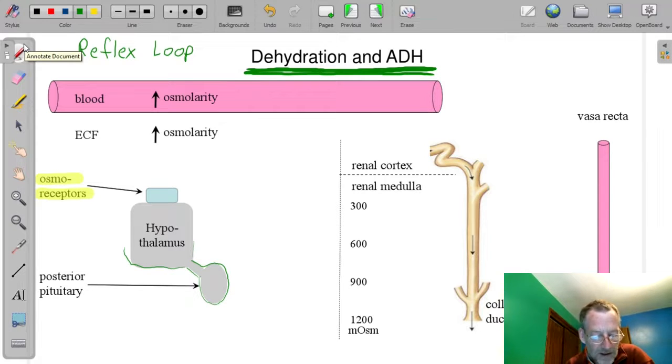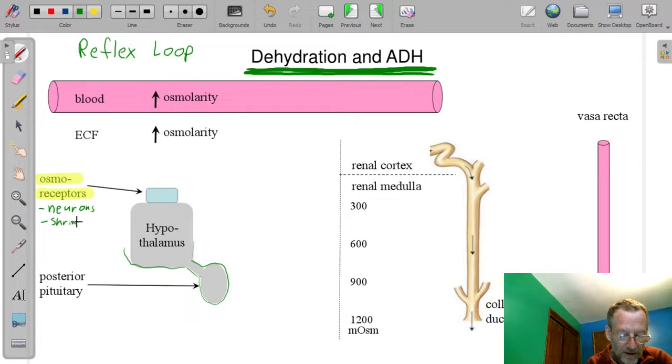You might think, how does an osmoreceptor work? Well, first of all, these osmoreceptors are basically neurons. We're in the brain, they're a type of cell, so these are specialized neurons. And these neurons can shrink or swell, as we looked at earlier, depending on solute and water differences.